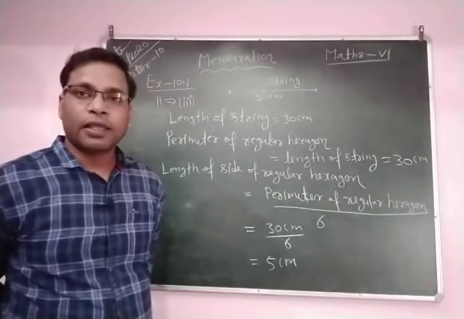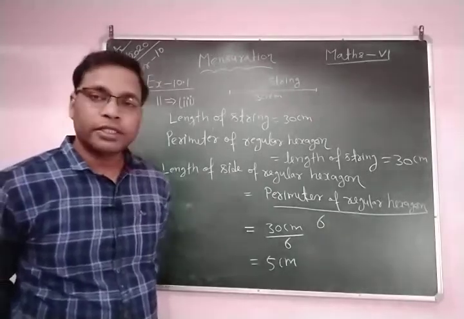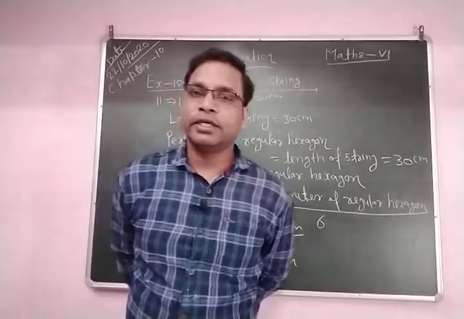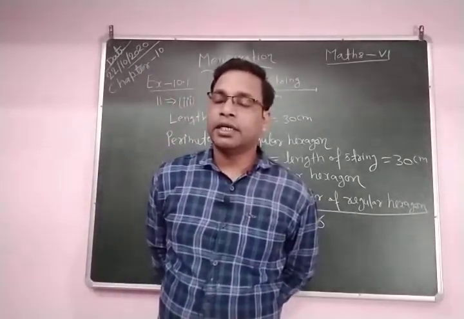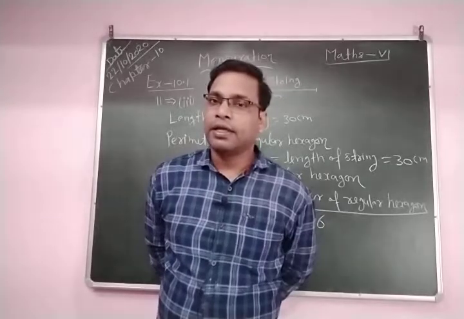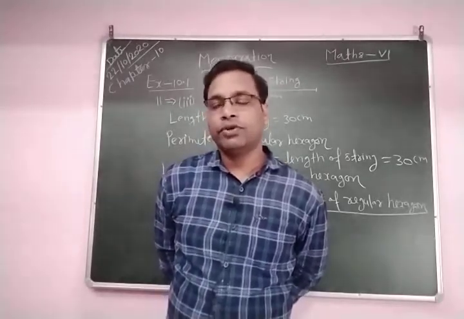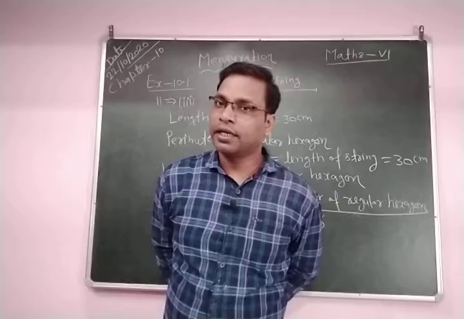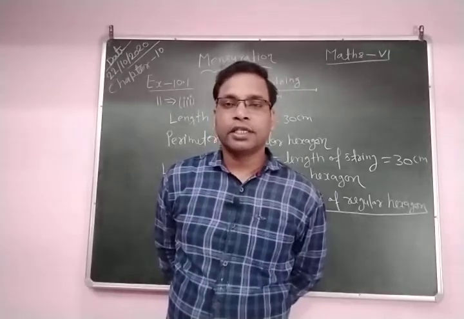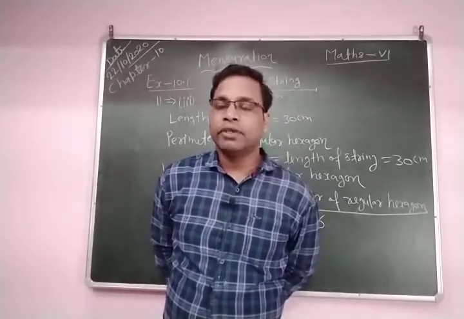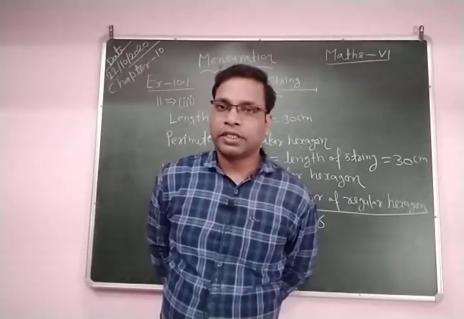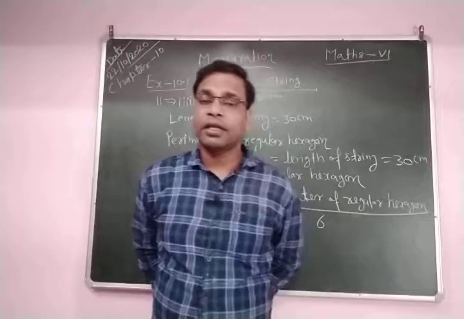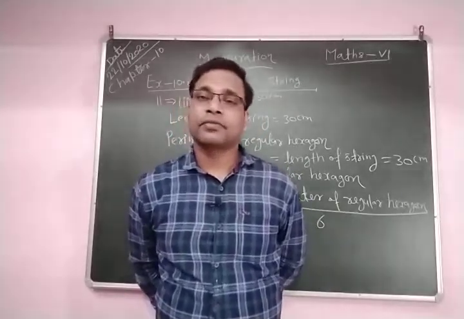Question number 11. In this question, a string is given whose length is 30 centimeters. First we form a square with this string, and after this we need to find its length of side. So we find this length of side, and again we reform the string into an equilateral triangle, and we need to find its length of side.